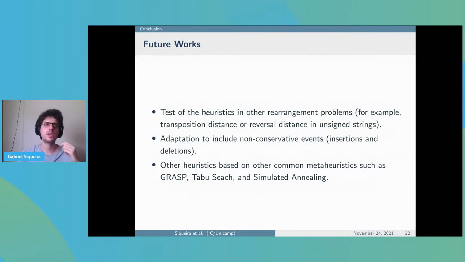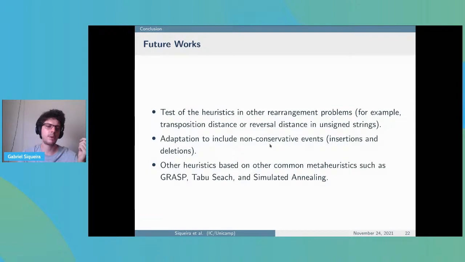As future work, we can test the heuristics on other rearrangement problems. For instance, we can try to apply them to the transposition distance. The idea would be the same using the cycle packing. We also could apply it to reversal distance, but now consider unsigned strings, where we ignore the signs of the characters. Again, we could also adapt it to include non-conservative events, like insertion and deletion.